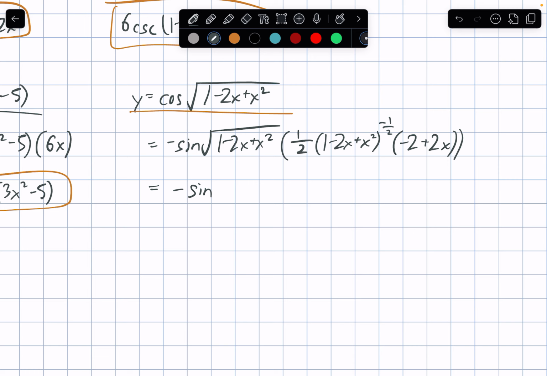Let me just verify, just to make sure we're on the right track. I think we are on the right track.